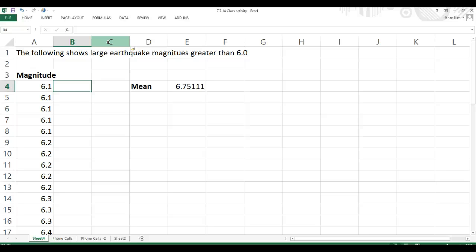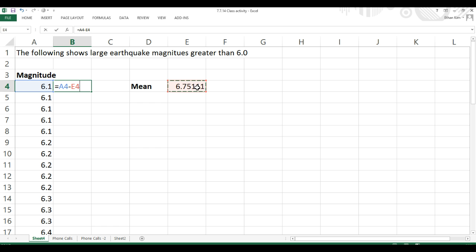Okay, so why don't we do this? Here are the x values, the observations. So we're gonna do equals. We're gonna select these data, and then subtract the mean. Okay?